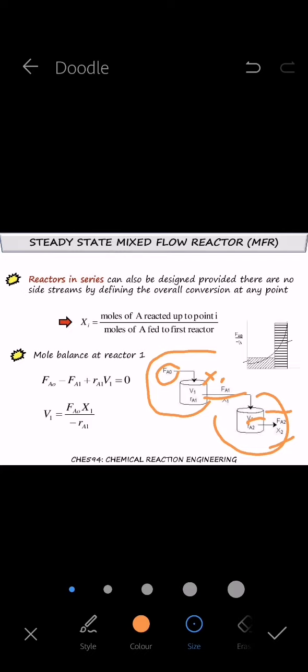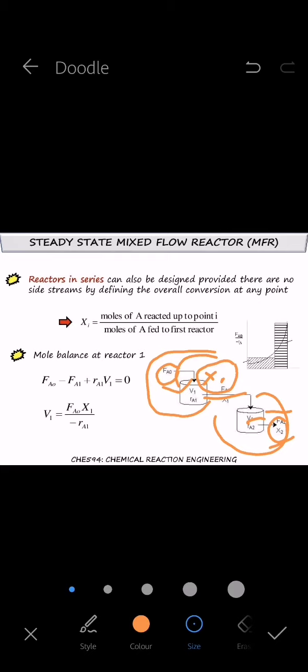I just want to stress here, the X1 is actually the conversion that happens in the first reactor. But X2 here is actually the conversion that happens for both reactors, meaning that X2 is the total conversion in these two reactors. So, jawab soalan saya, what is the conversion that happens at reactor 2? Berapa?